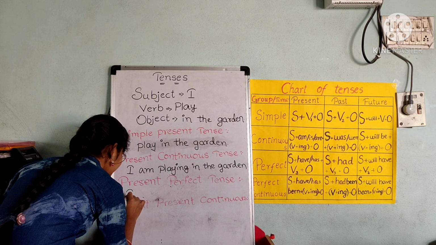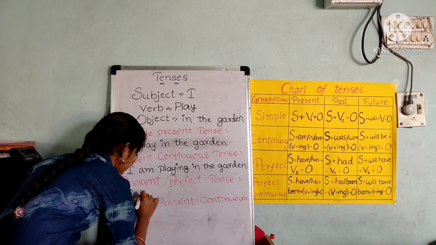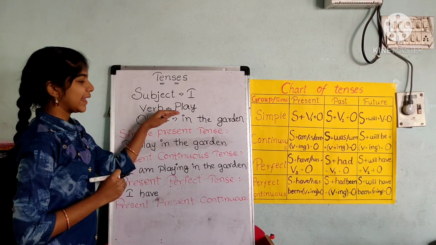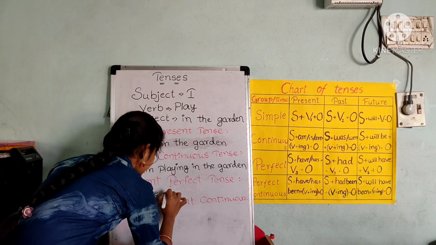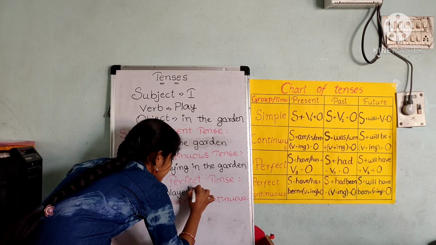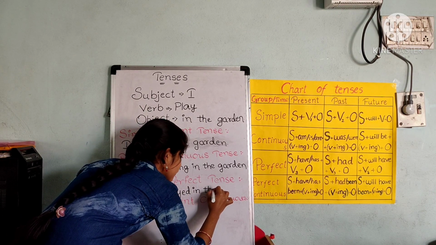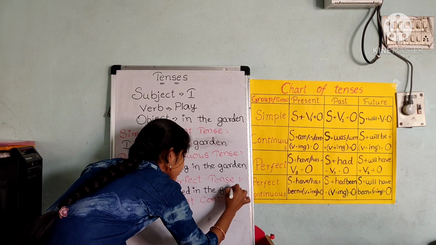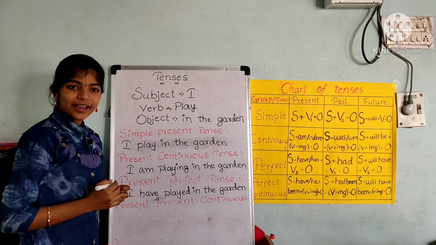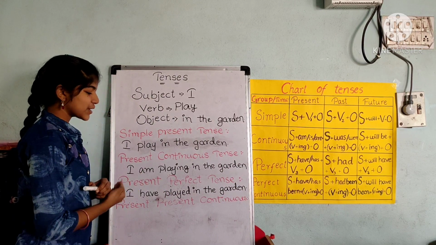Subject is I, so we should use have, and the third verb form for the verb play is played. In the garden. I have played in the garden is an example for present perfect tense.